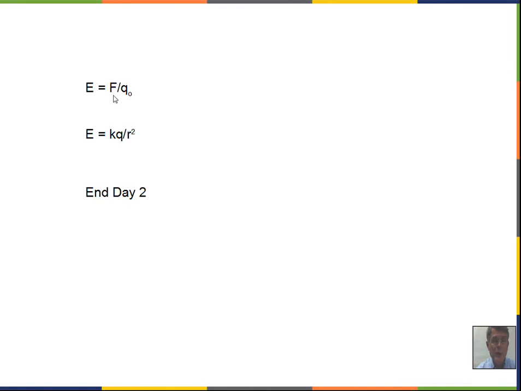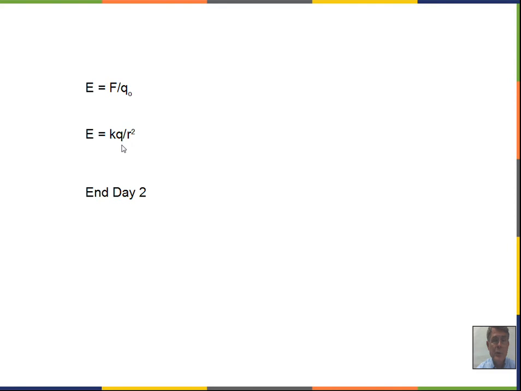Force is Coulomb's law force, kQq over r squared. And if I now divide Coulomb's law by this q naught, then one of those Q's cancels in Coulomb's law. And a way of calculating the electric field at a particular point would be the electric constant times the charge that's generating the electric field divided by r squared. r is the distance from the charge that's generating the electric field.